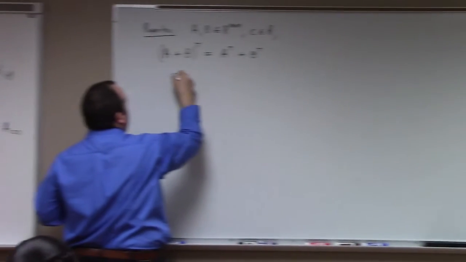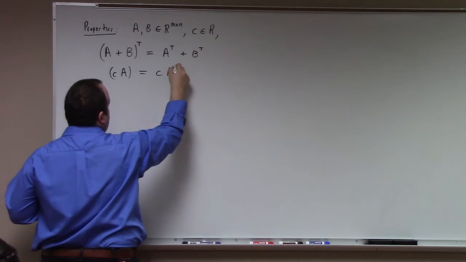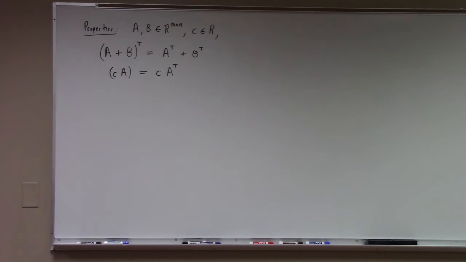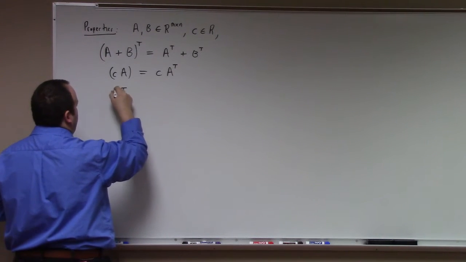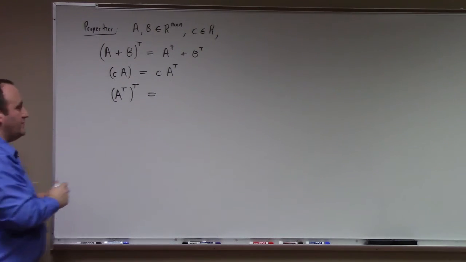And also, C times A, we're going to be able to prove that (CA) transpose is C times A transpose. So you can pull scalars out. It's additive, all right? So the transpose of the sum is the sum of the transposes. And then there's one other interesting thing. How about if we take the transpose 2 times? Like what's (A transpose) transpose equal to? A, right?